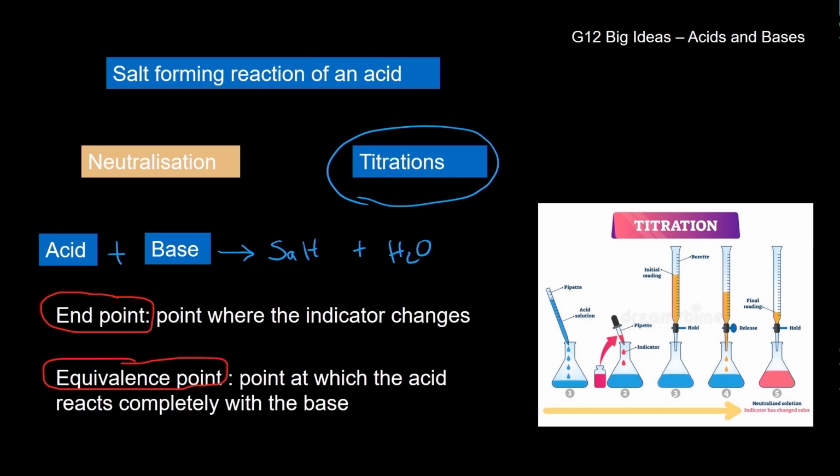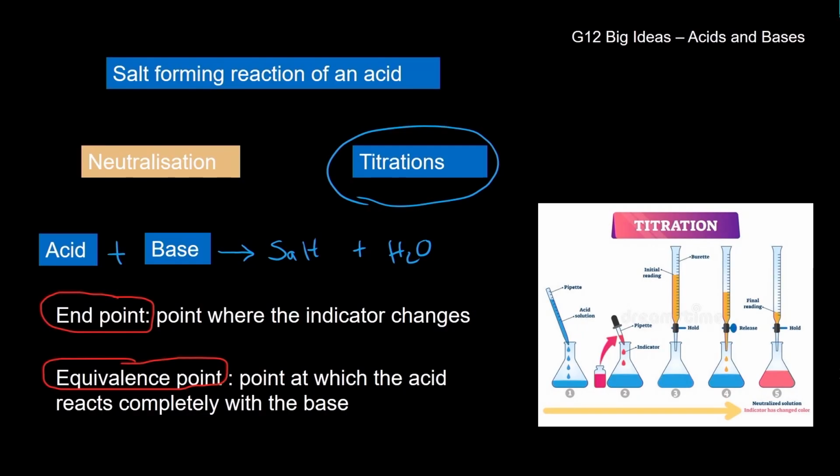It is the name for a technique that we use in the laboratory, and it involves specific equipment. So you can see in my picture here, we have a pipette, we have a burette, which is a weird instrument. It's like a long straw with a tap on it, and we can regulate how we run the liquid in the top down to the bottom.